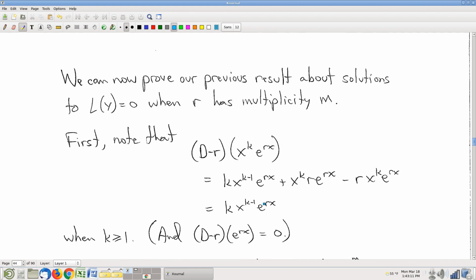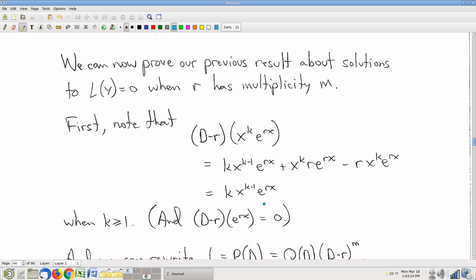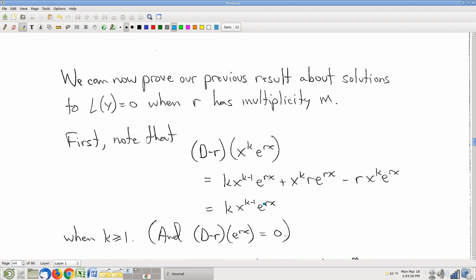Next thing we talked about, a little algebraic preliminary here, but we're going to give a justification of another theorem from chapter 4. The algebraic preliminary is to see what D minus r does to functions that look like this.